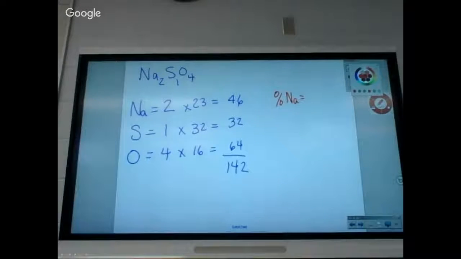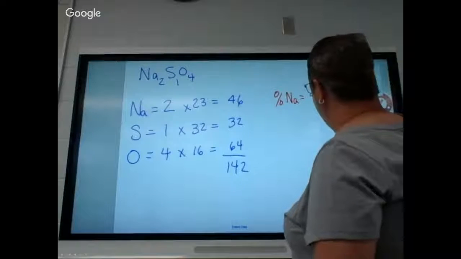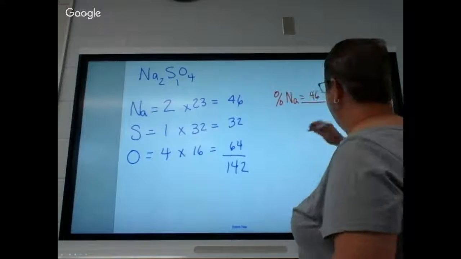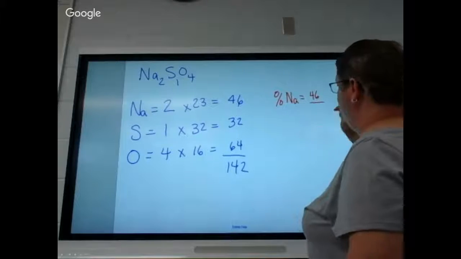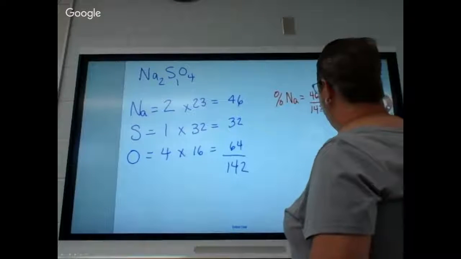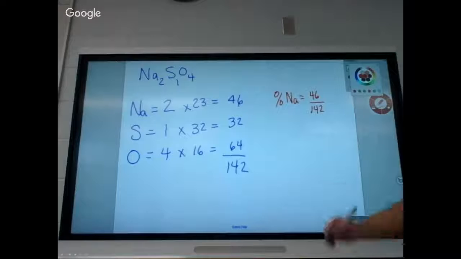Do I use the 23 or do I use 46? 46. That's right, because I need all the sodium. So I'm going to use 46 divided by the mass of the whole compound, 142. Now, in math class, what did y'all learn about changing it to a percent? Y'all multiply by what? 100. Very good.